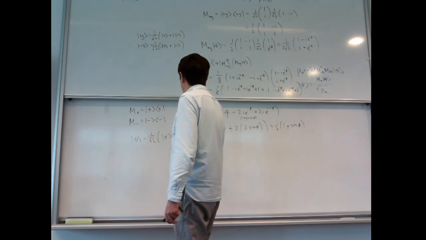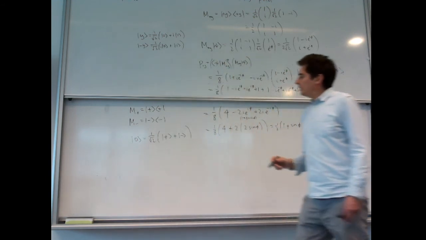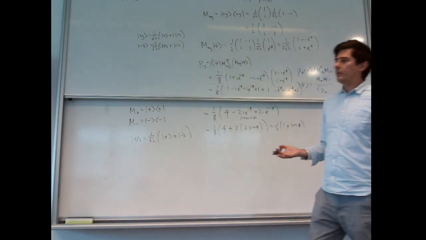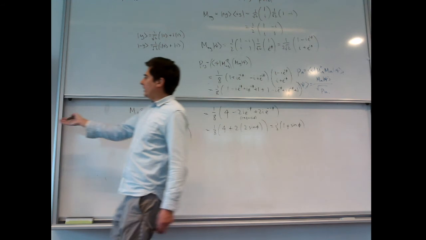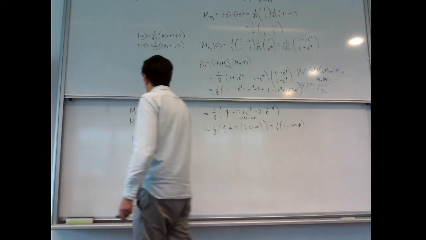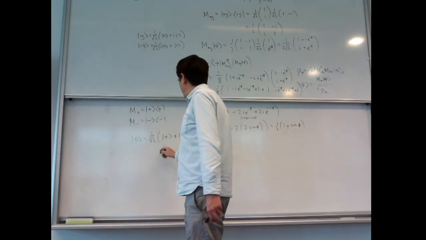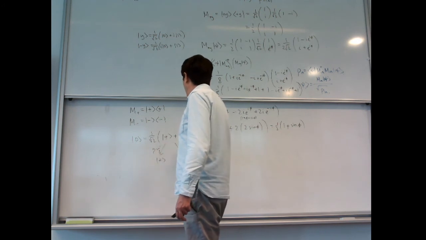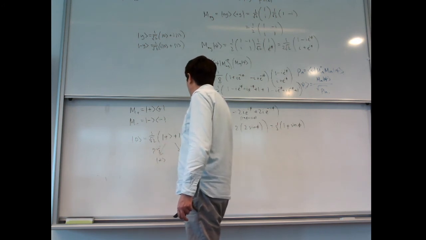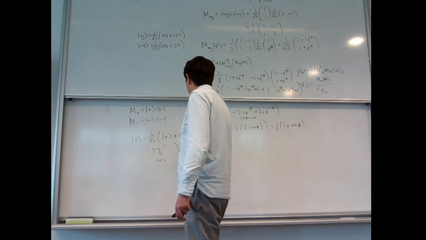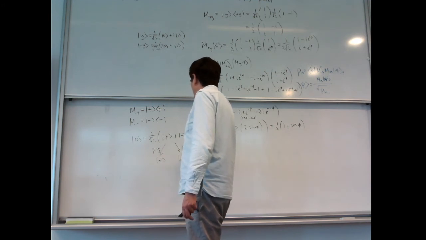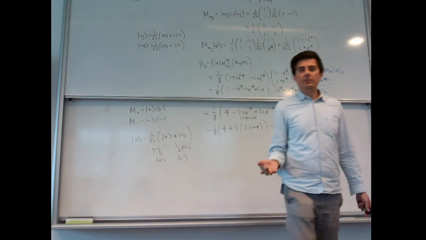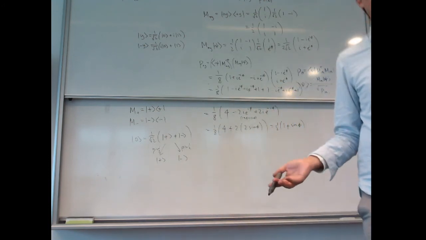So if they're sending 0, and my measurement device is in the wrong setting, then 50% of the time I'll get the plus state, and 50% of the time I'll get the minus state, simply because my setting was wrong, right?